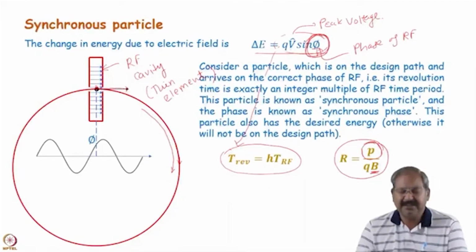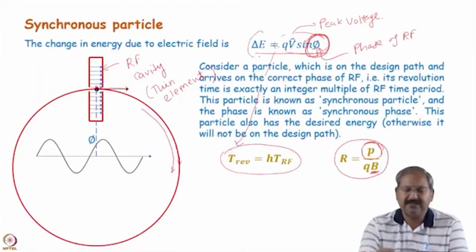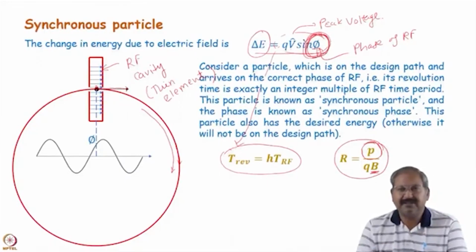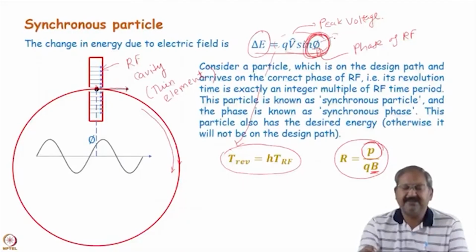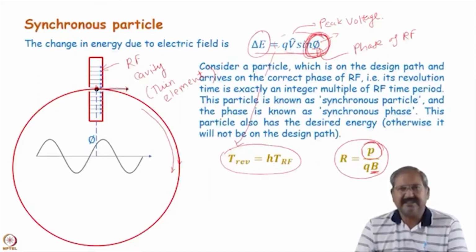So we are characterizing this particle by two variables. One is how much energy it is getting, and the other is the phase at which it arrives at the RF cavity. So this is the correct phase. We say this is the synchronous phase, and its energy, which exactly follows the design orbit in the synchrotron, is the correct energy.